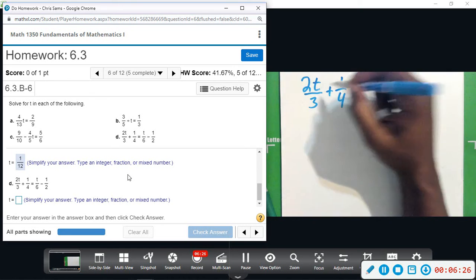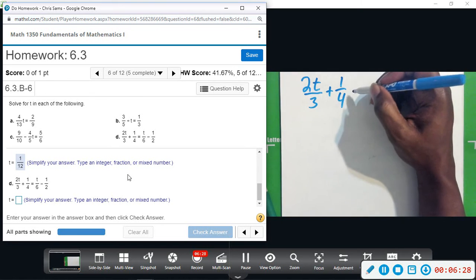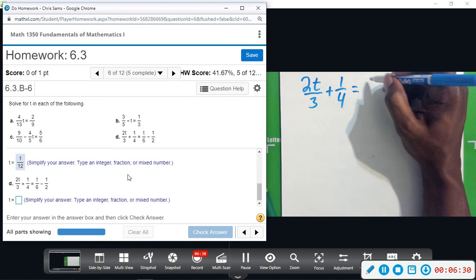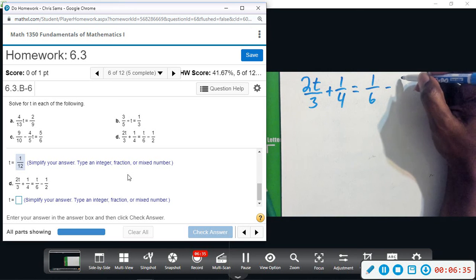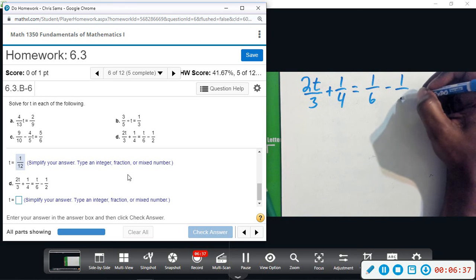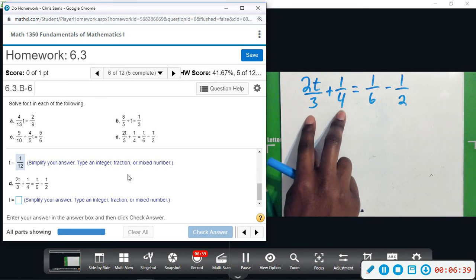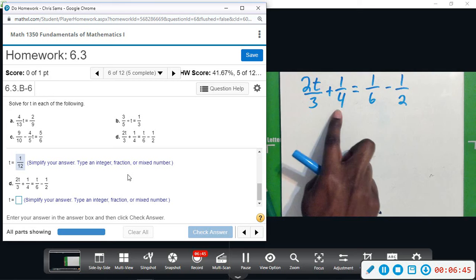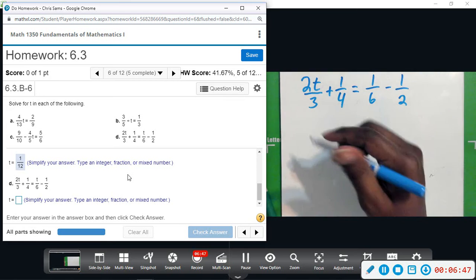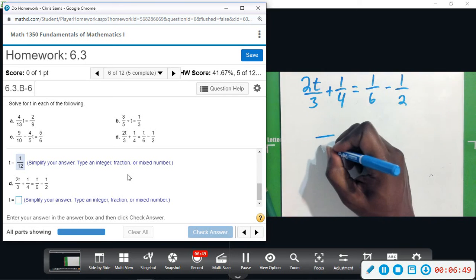So we'll do the left side, the right side, and then we'll cross multiply after that. Okay, so if you're just adding or subtracting 2 fractions, just 2 at a time, you can always get a common denominator by multiplying the 2 denominators together. So that will give us 12.